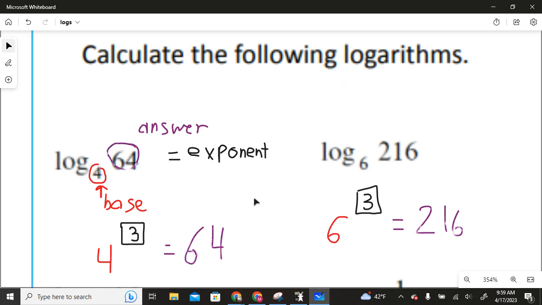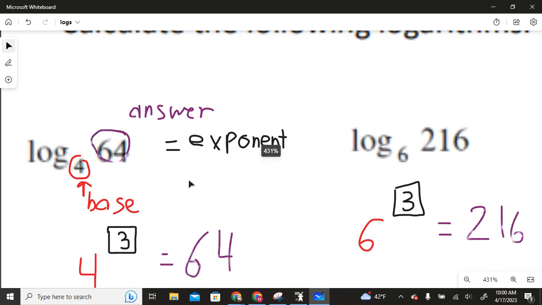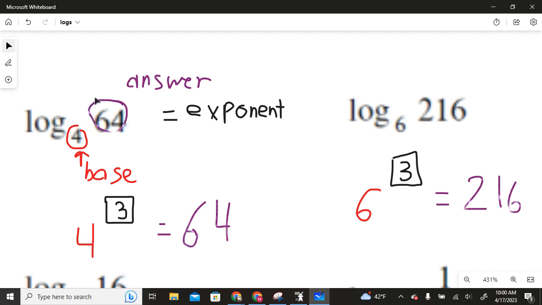So what we're looking for in order to calculate is to find what the exponent is in this case. So we've got the log base 4 of 64 equals something. The way that we deal with this is we're going to change the log into exponential form.